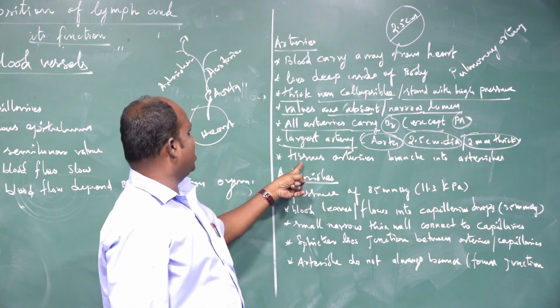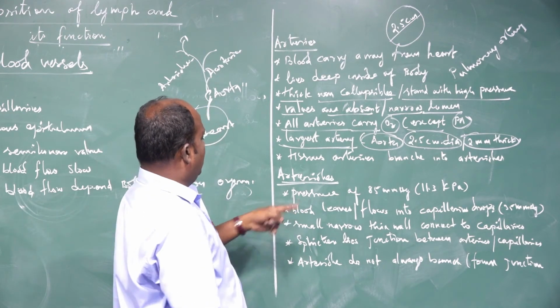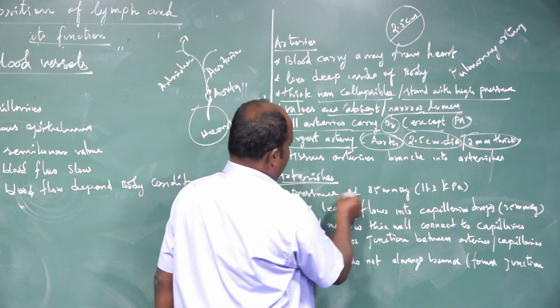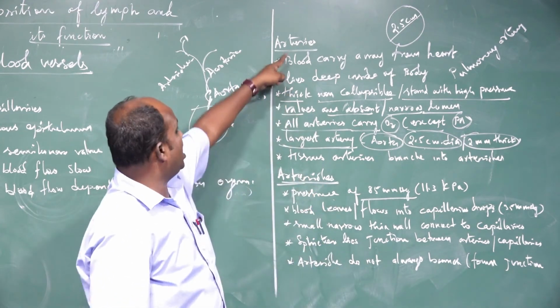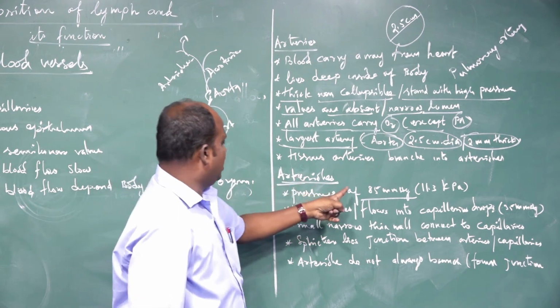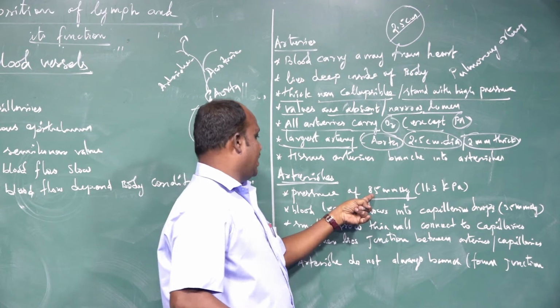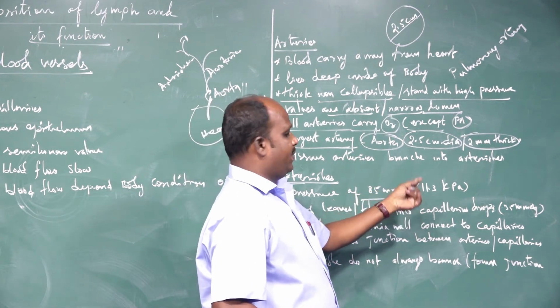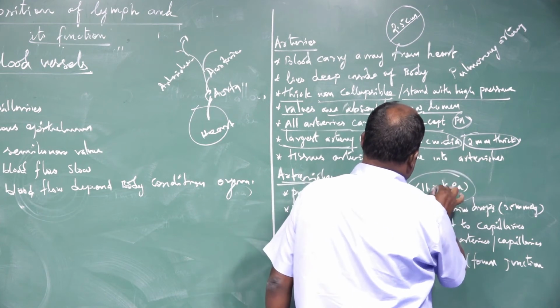That is the function of the arteriole. The arteriole has a blood pressure of 85 mmHg, because the arteriole is a branch of the artery. So the pressure of blood in the arterioles ranges to 85 mmHg, which is 11.3 kilopascal.